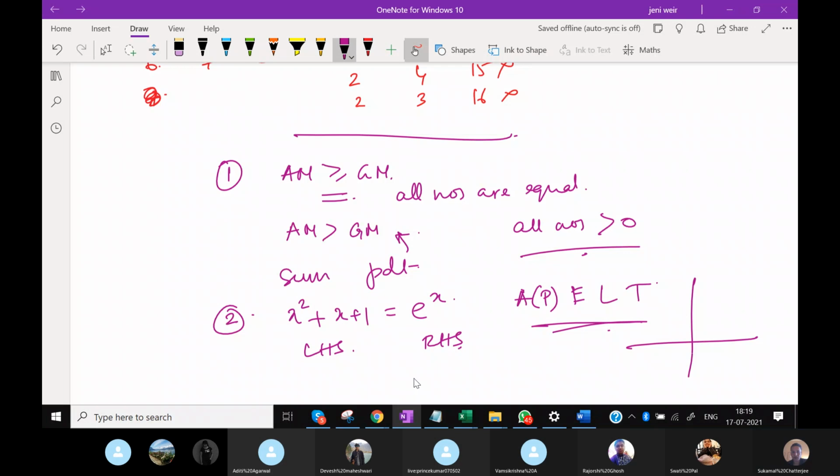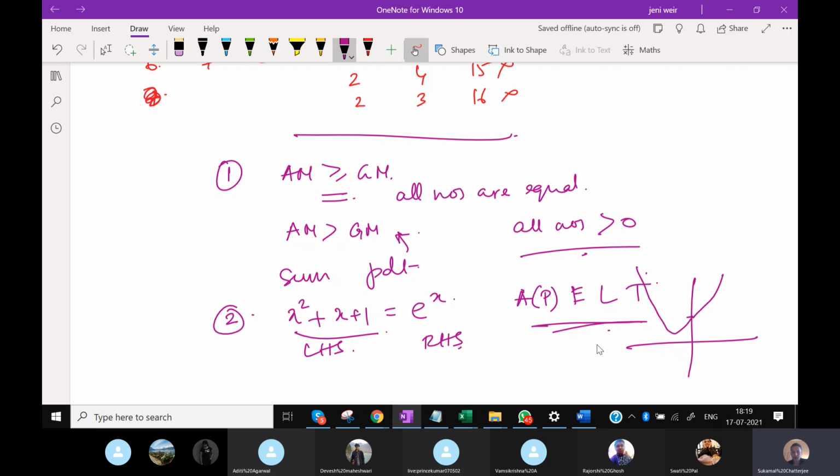That means if you plot the function at x equal to 0, this is 1. At x equal to 1, this would be 3. So it will go on increasing this way. And it's a quadratic, so it will come down somewhere here and go up. Right? So this would be the nature of the function of this side.